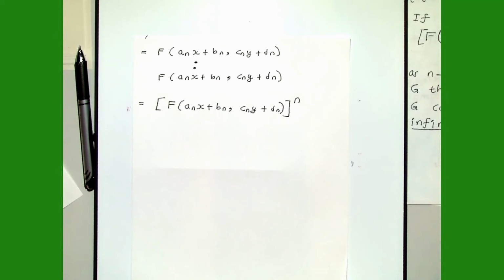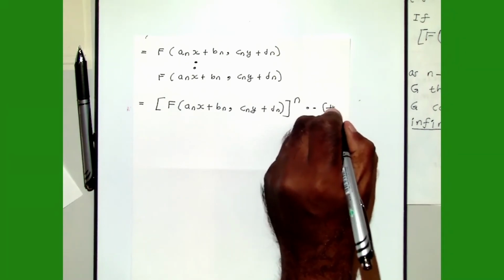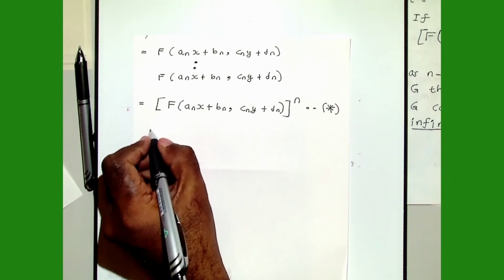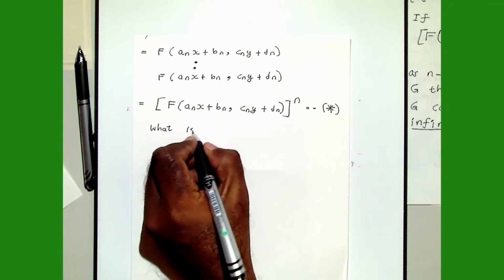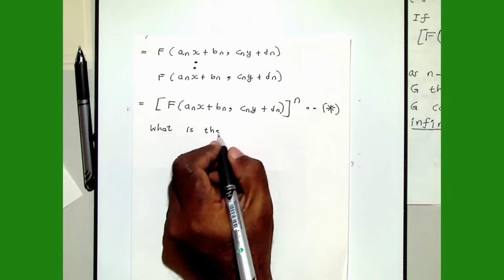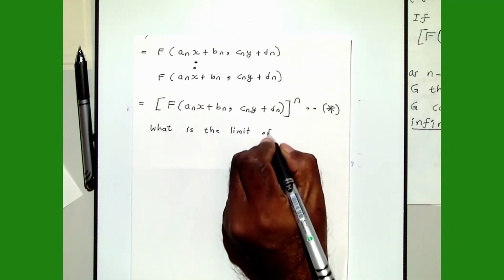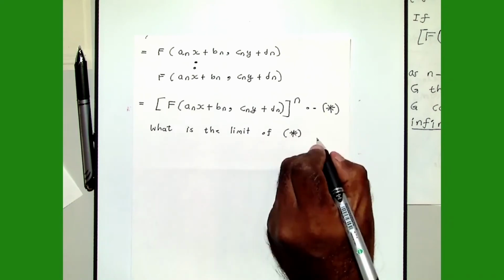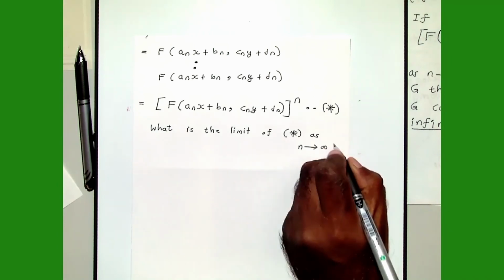Let me call this star. The question is the following. What is the limit of star as n approaches infinity?